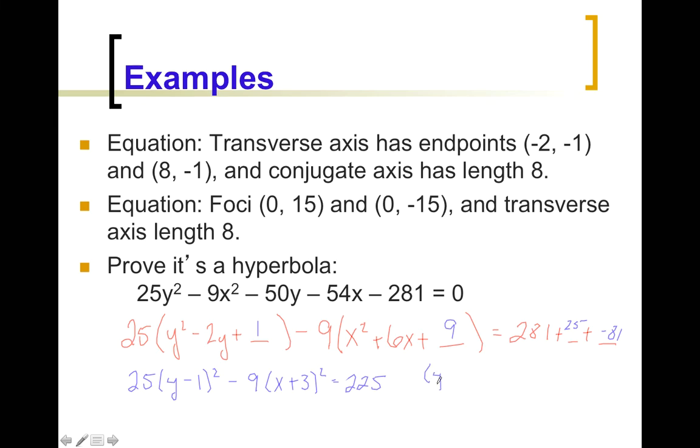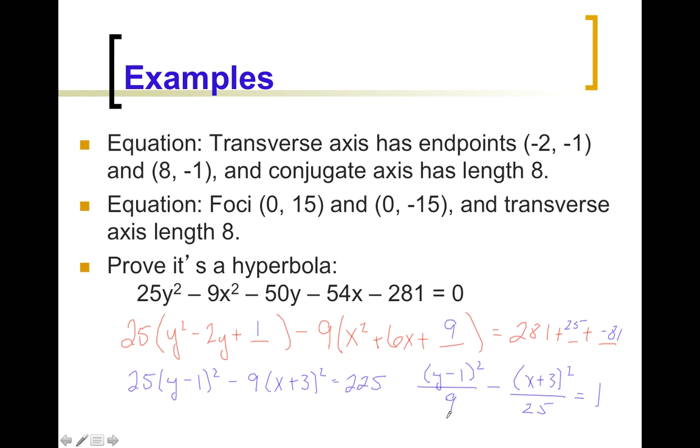Here we go. We divide by 225, we get y minus 1 squared all over 9 minus x plus 3 squared all over 25 equals 1. We've verified that it's a hyperbola.